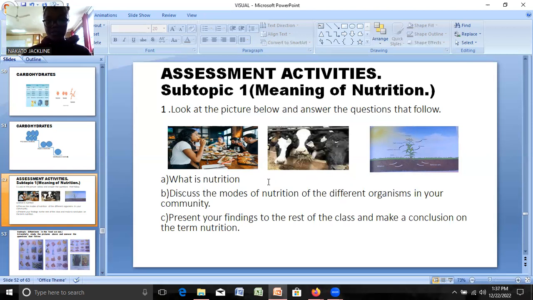For example, what is nutrition, and the modes of nutrition? This will also help them to improve their communication skills through presenting this work to the whole class.